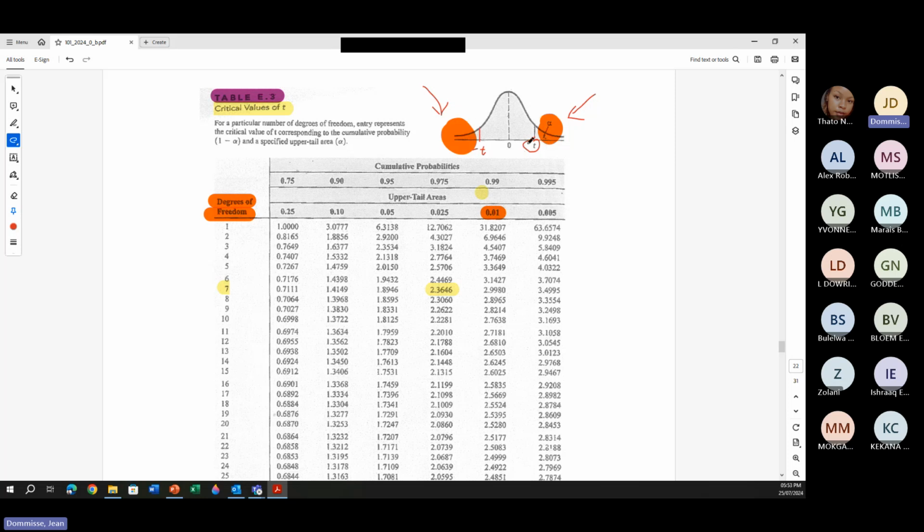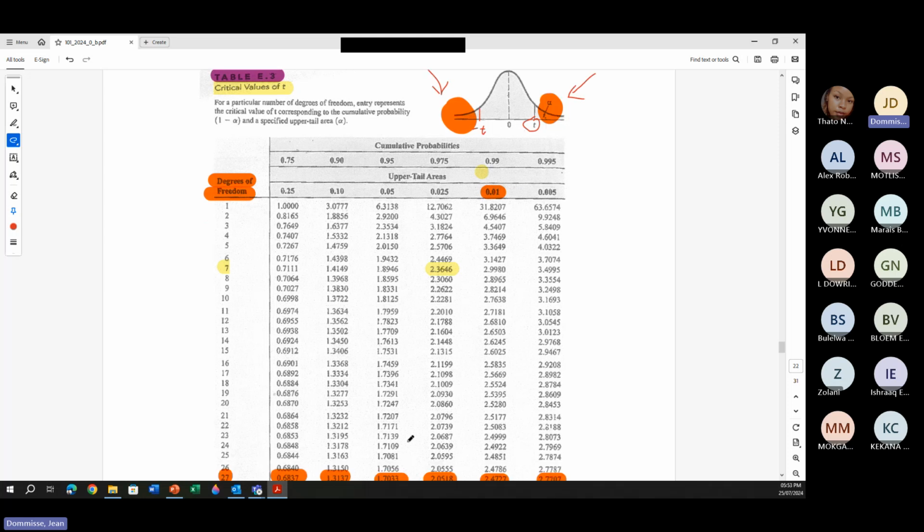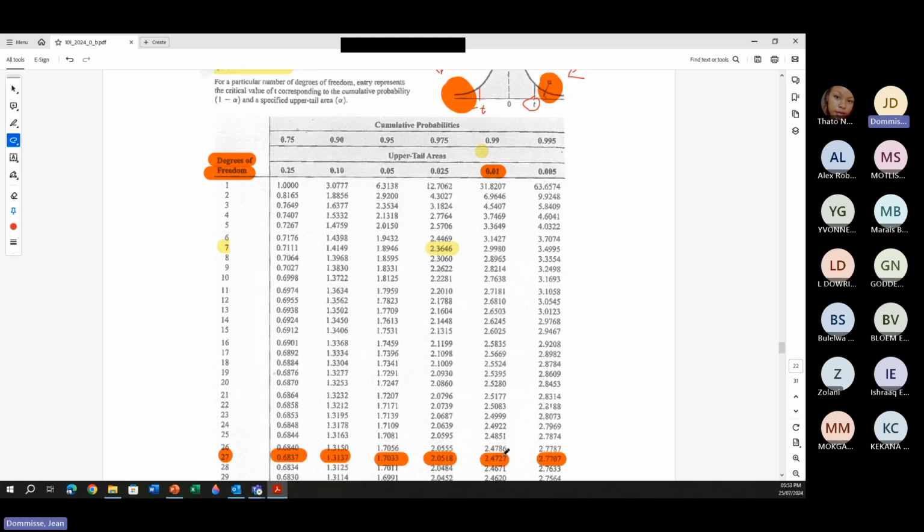So right hand side we're working with a positive t, left hand side negative t. Okay, so we've now seen that for 27 0,01 it will be negative 2,4.